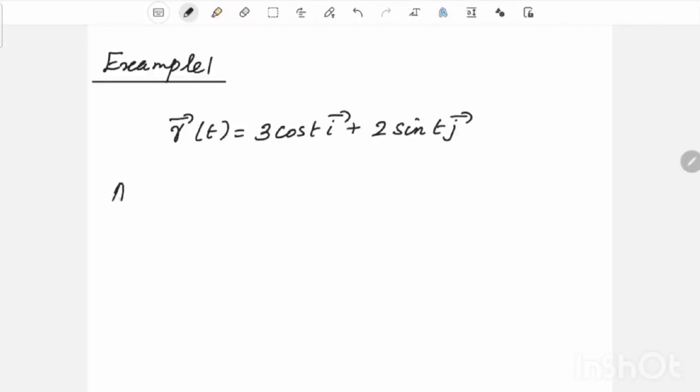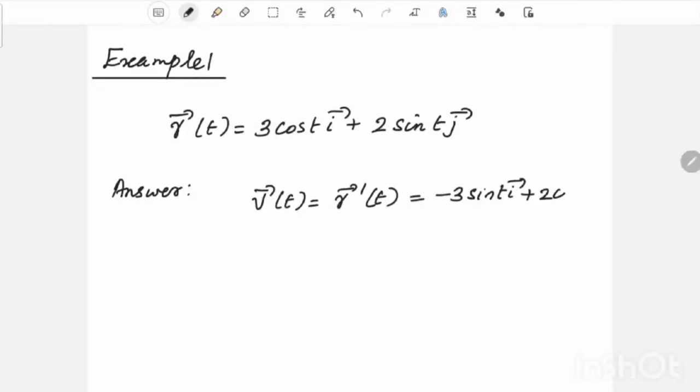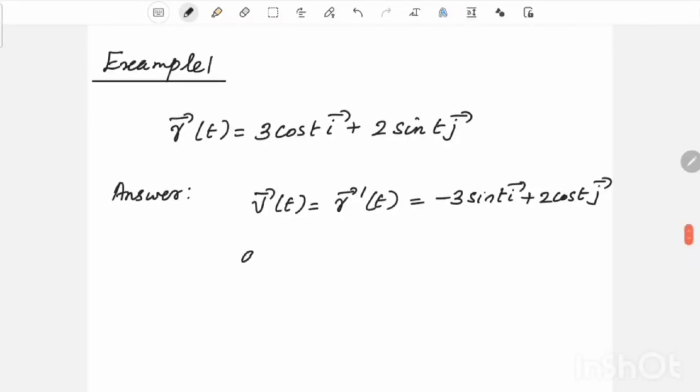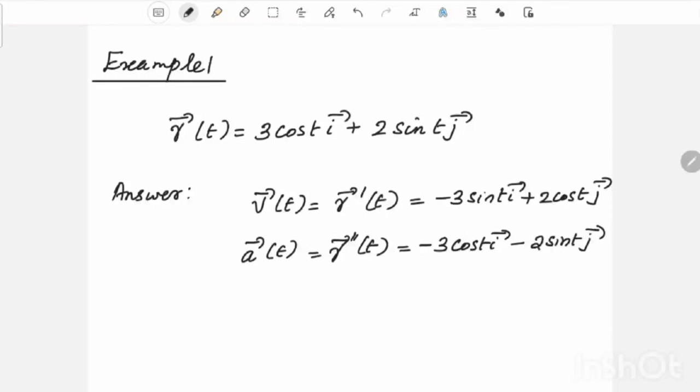Velocity vector is vector v of t is equal to r dash of t is equal to minus 3 sin t vector i plus 2 cos t vector j, and the acceleration a of t is equal to r double dash of t is equal to minus 3 cos t vector i minus 2 sin t vector j, and the speed modulus of v of t is equal to root of 9 sin square t plus 4 cos square t.